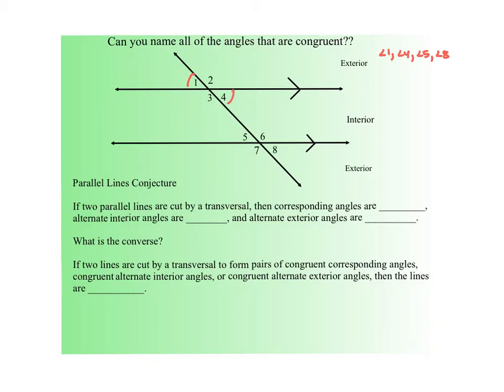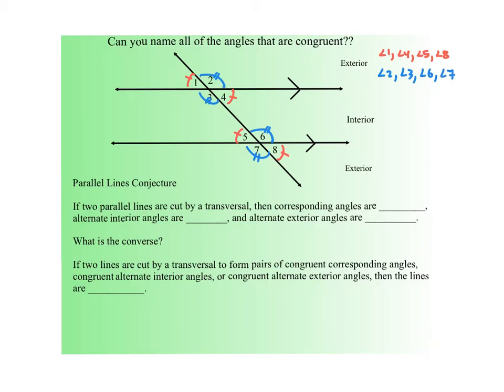Those are connected by multiple reasons, right? 1 and 5 are corresponding. 1 and 8 are alternate exterior. 4 and 5 are alternate interior. 4 and 8 are corresponding. And 1 and 4 are vertical, and 5 and 8 are vertical. So there is that. We can tie those together. Likewise, 2, 3, 6, and 7 are congruent. So they all have the same measure.